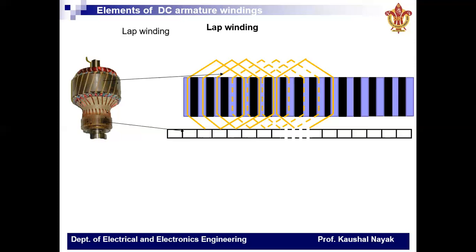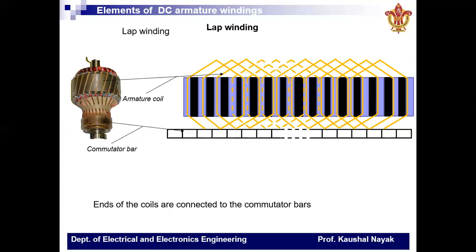The lap winding is also known as parallel winding. In DC machines, the coils are mostly full pitched.